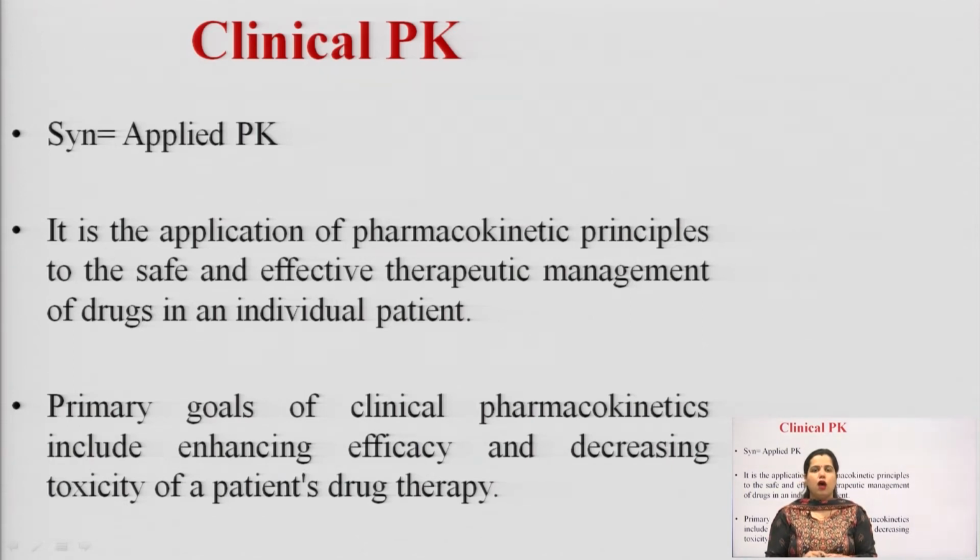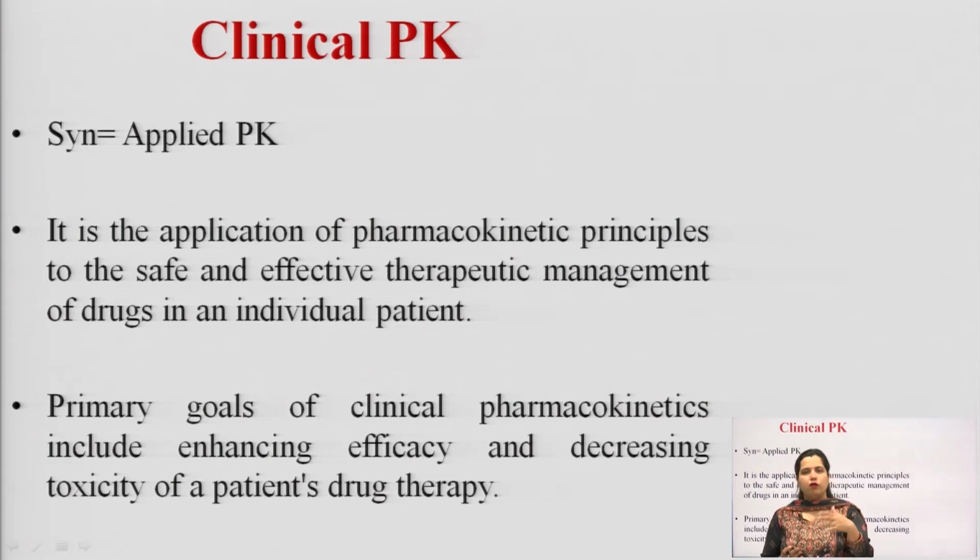Okay. So, how can we get the desired pharmacokinetic profile of a drug in an individual patient? The primary goal of clinical pharmacokinetics includes enhancing efficacy and decreasing toxicity of a patient's drug therapy. For example, we are observing during formulation development.